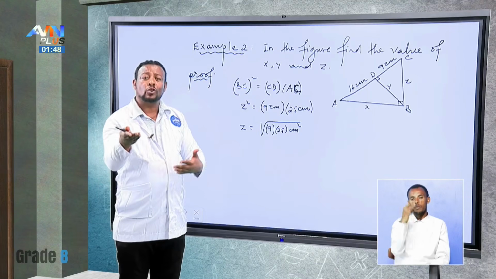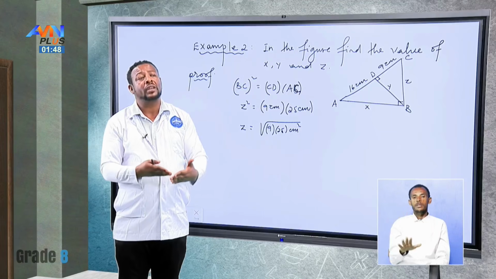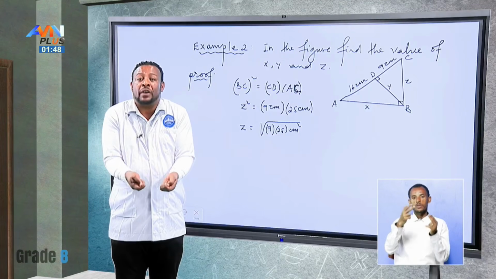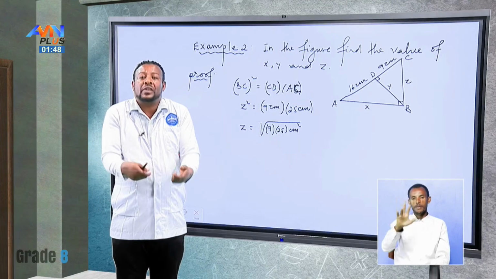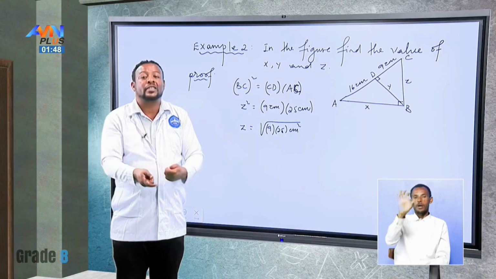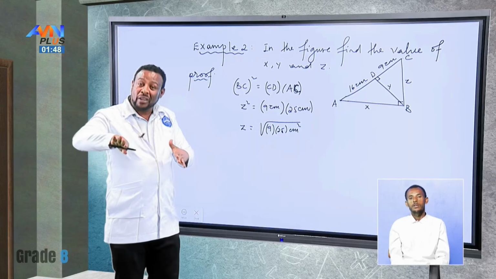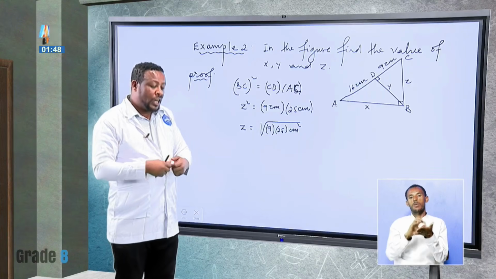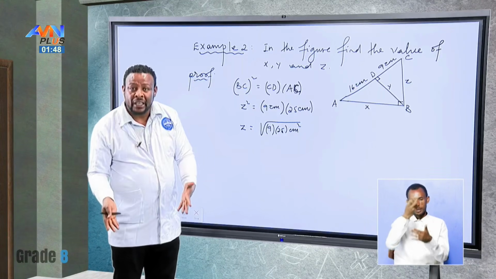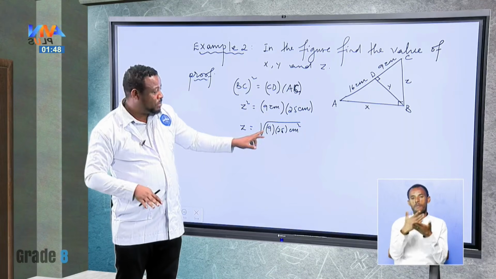If you want, you can also multiply 9 and 25. The product of 9 and 25 is 225, okay? Square root of 225 is 15. 225 is a perfect square, and it can be taken out from the radical. But to obtain the result quickly, it's also good to avoid that multiplication.